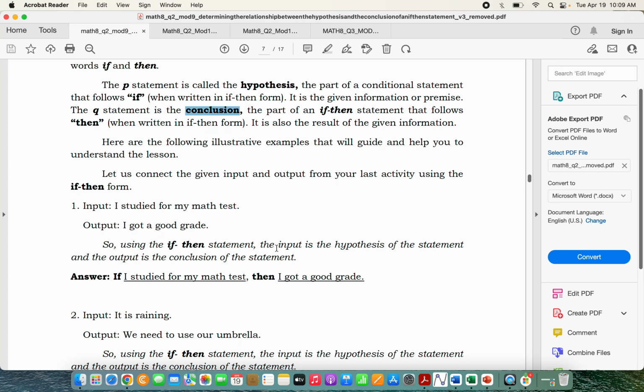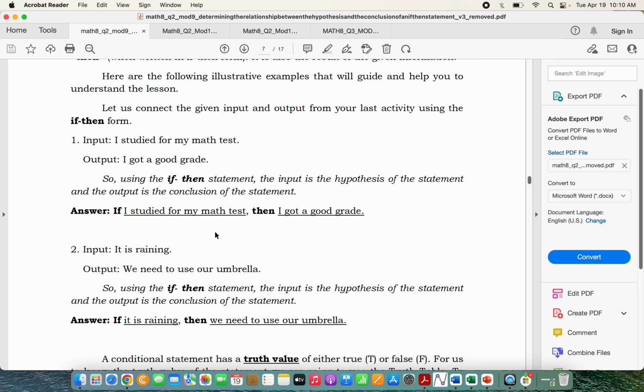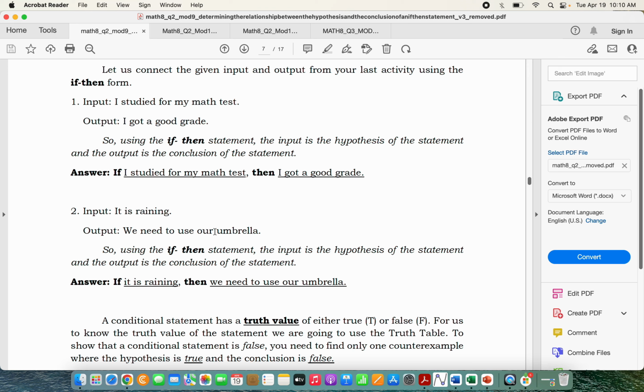So let us have some example. So we have here the two statements. Input, dito tinawag niya na input. I studied for my math test, and then the output, I got a good grade. So if we're going to form this with the if-then form, so magiging ano siya, if I studied for my math test, then I got a good grade.